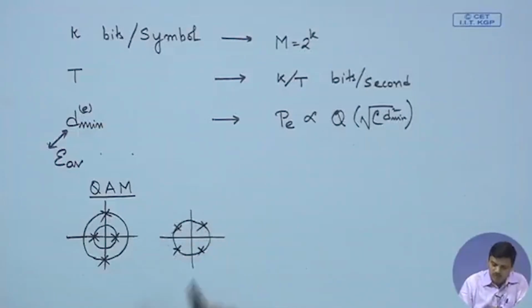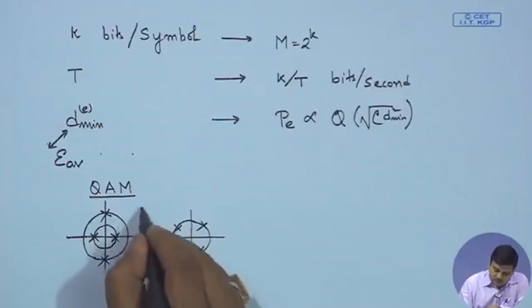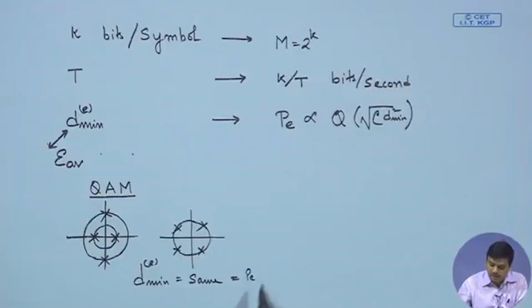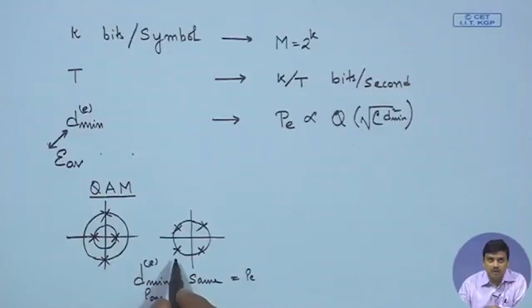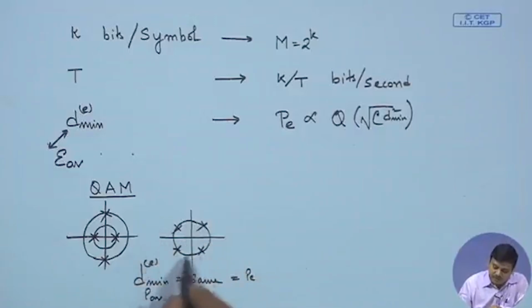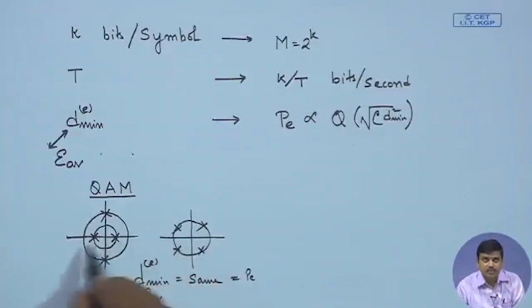What we figured out is that even if in these two constellations we maintain the minimum Euclidean distance the same, which means the same probability of error, and even if we have the same average power, still we stated that this constellation may be preferred because of a lower peak to average power ratio compared to this. So, there are several criteria based on which you would be able to choose a constellation.